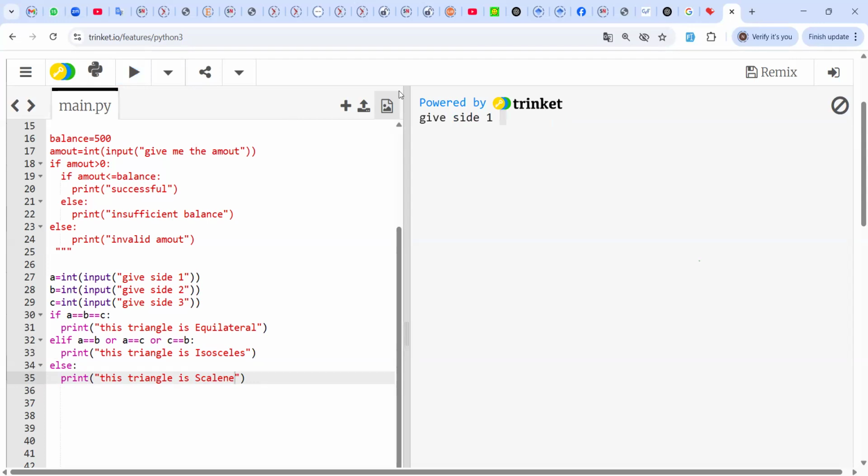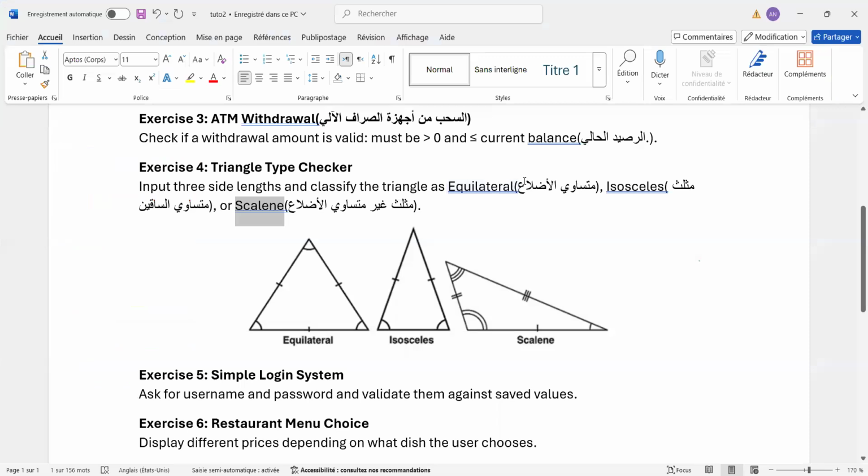Hopefully there are no errors. So let's check the first one. We are going to say, give me side 1 like 3, 3, 3. And it types this one, which is equilateral.